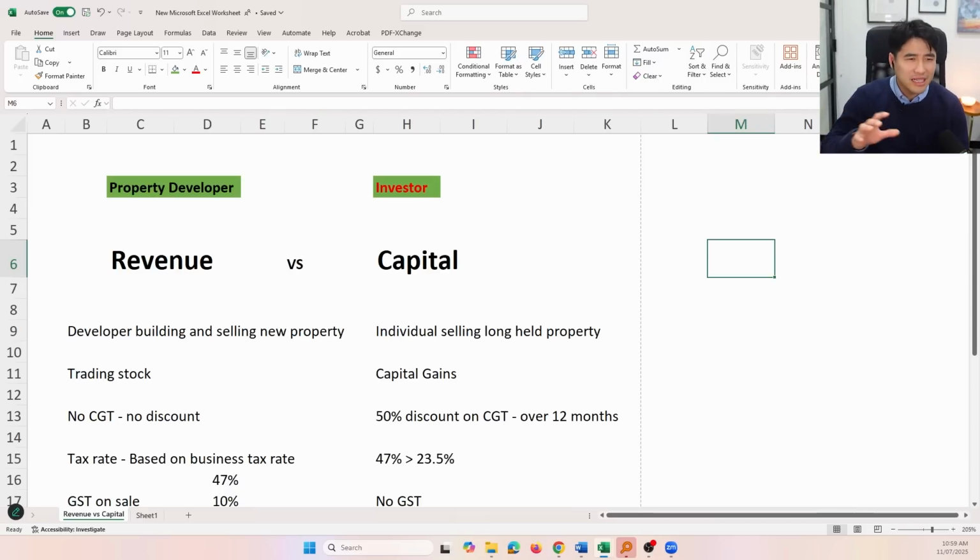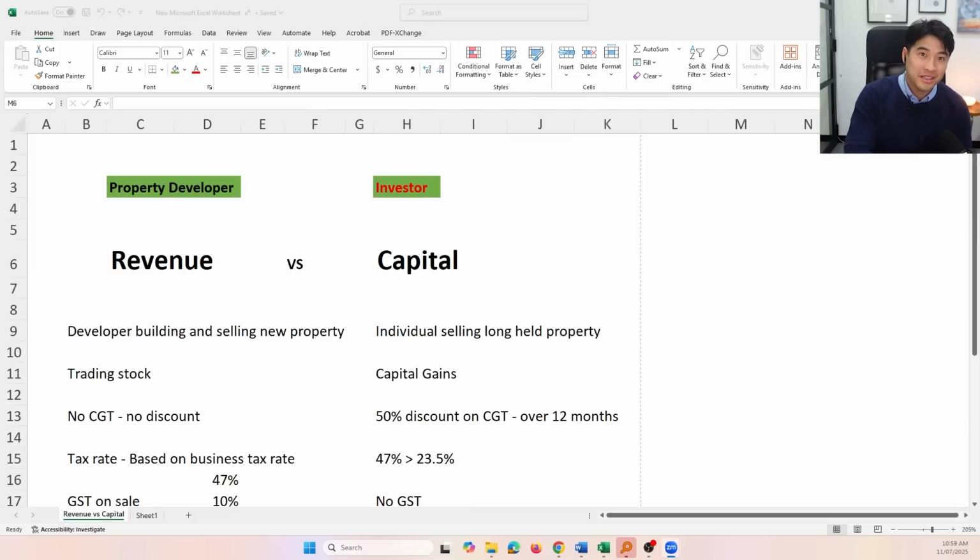And the weirdest thing about this rule is that if you decided to move out of it and rented the whole thing out, 100% of it out, it could be exempt from taxes due to the main residence exemption. So there's this concession that's called the 6-year rule that allows you to claim the whole property as your main residence, even though you've rented it out after you've moved out for the next 6 years, if you have no other main residence.